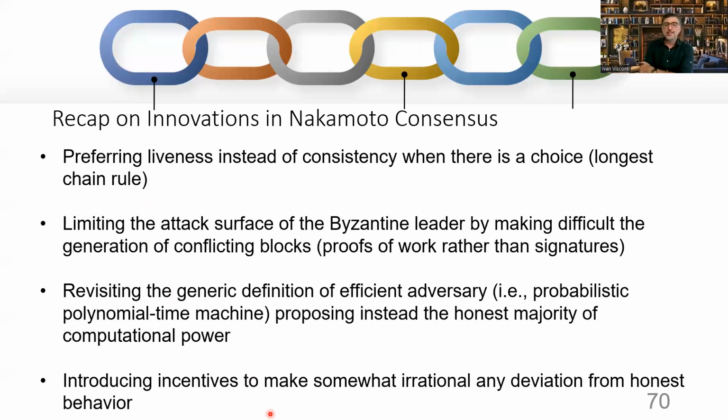The system also has game theoretic ideas inside, like having incentives, so that you can actually have concretely rational players as honest players, so that the adversary is then in trouble trying to defeat them.